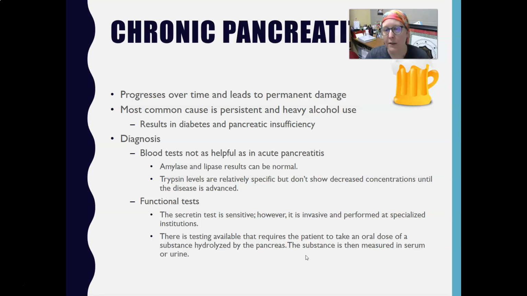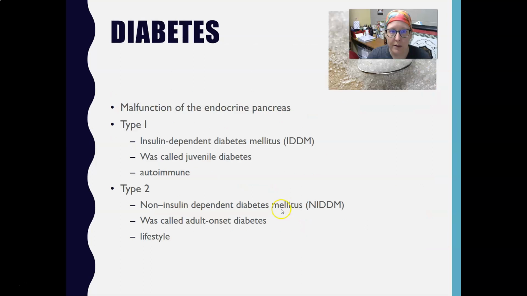So think of it like a labeled starch, and the pancreas is supposed to secrete amylase to break down the starch and release the sugar. If they're not producing the amylase to break it down, then the starch never gets broken down and never gets absorbed as a sugar, and then it won't show up in the serum. So that's kind of the idea there.